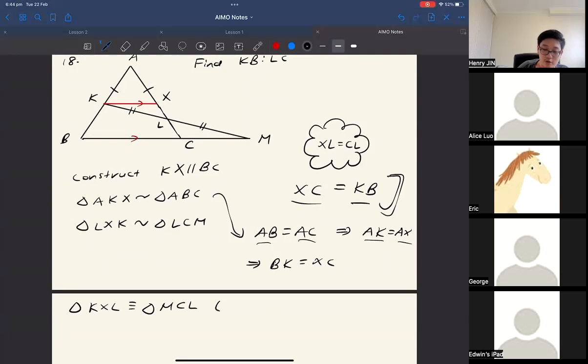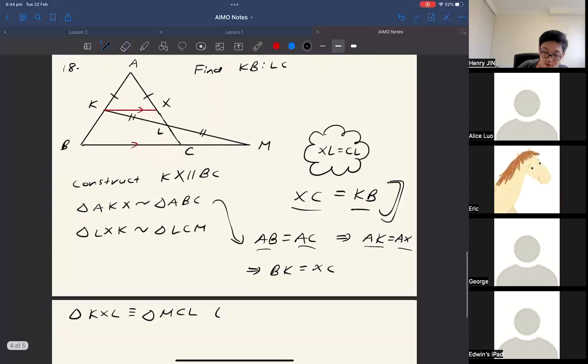I'll just quickly write it this time. I'll write it formally. You have angle KXL equals angle MCL because they're alternate angles.